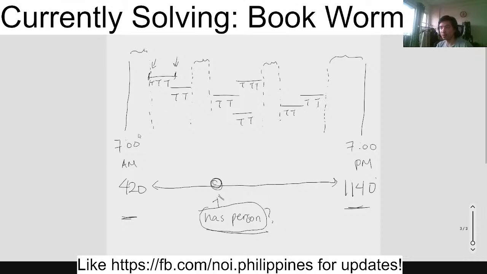And then what will we end up with? Well, the ones where there are no people are going to end up as false at the end. And we can just count those, right? So how is that going to look?